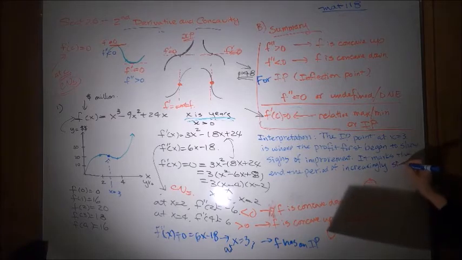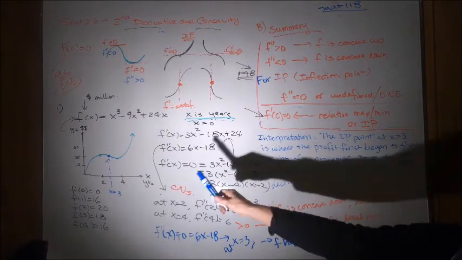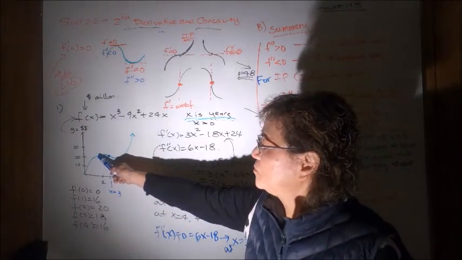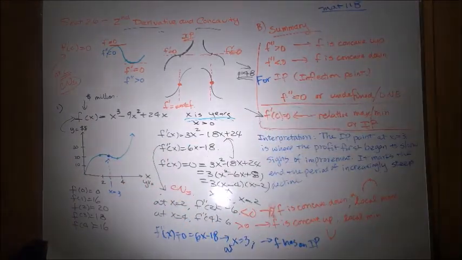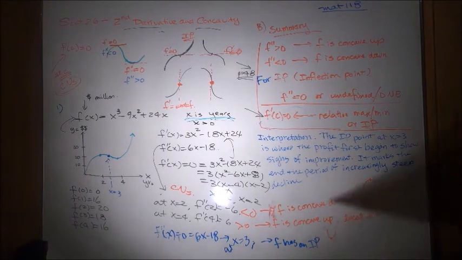increasingly steep decline, right? Because after year 2, the local maxima, it starts to decline, okay, until you hit the relative bottom of the profit you would like to make, right?